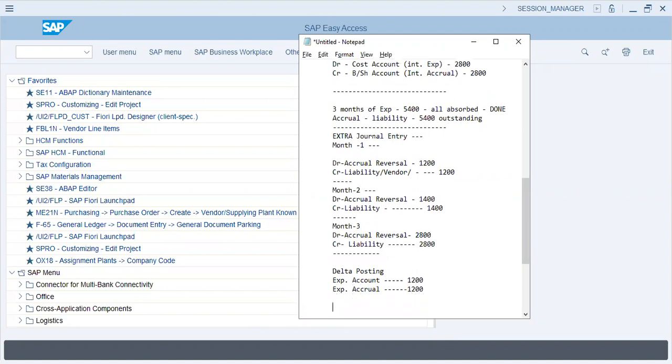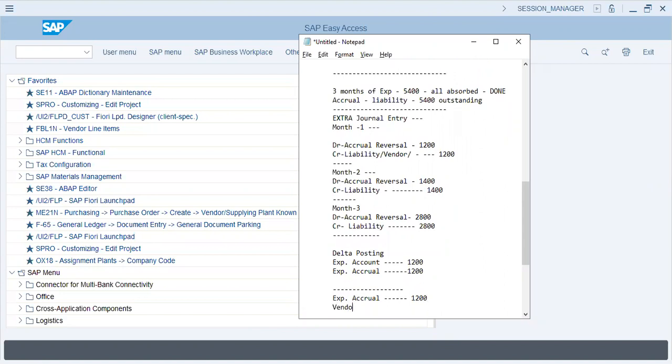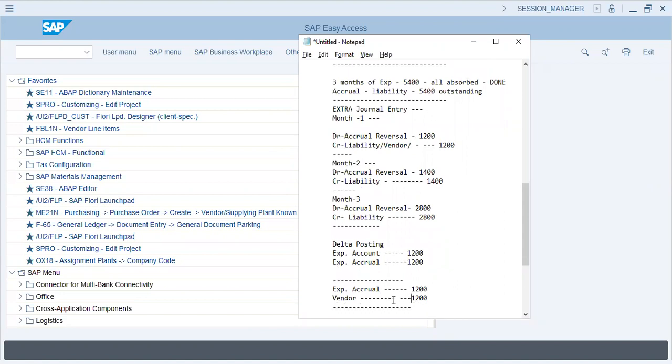Okay. Let's say this was the whole amount. Expense accrual is reversed and the vendor credit is standing. This is for postpaid. Okay. This is delta posting scenario 2. Scenario number 2. You can use and absorb the expenses without paying the vendor.